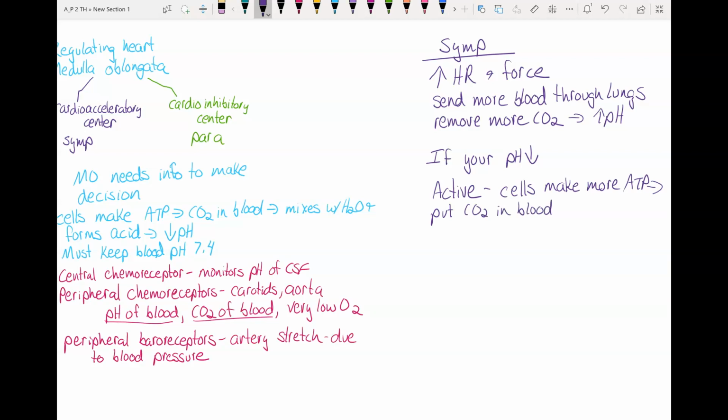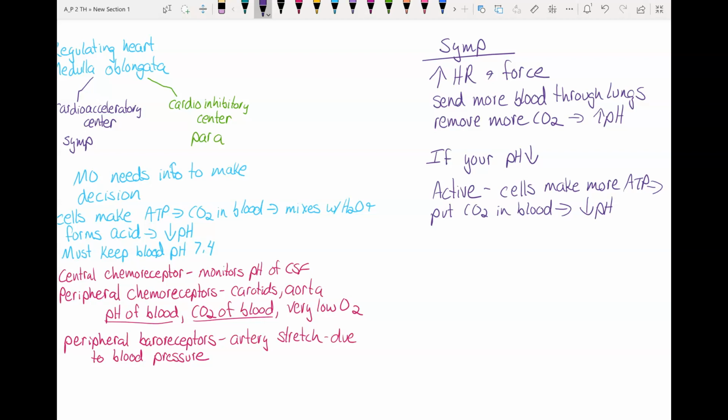And if they're putting more carbon dioxide into your blood, that's making more acid and lowering your pH. So those chemoreceptors detect this. They tell your medulla oblongata, it says, hey, I better use the cardioacceleratory center, have sympathetic, send some norepinephrine down there, get the heart going a little more, get rid of this extra carbon dioxide, bring the pH back to 7.4.